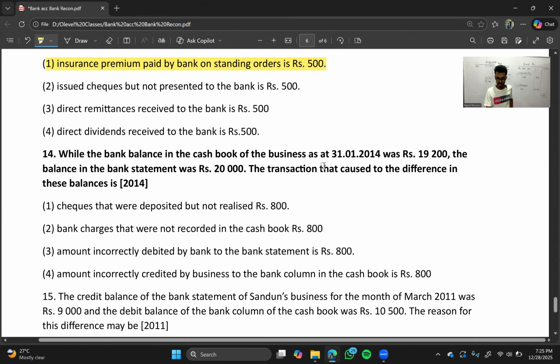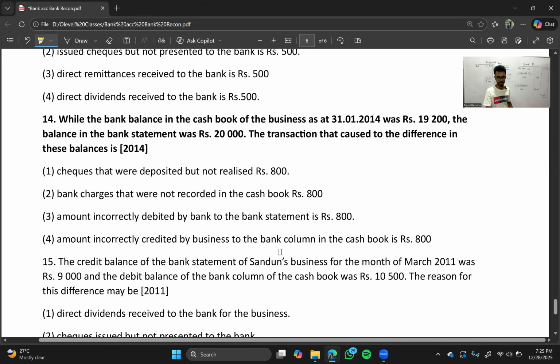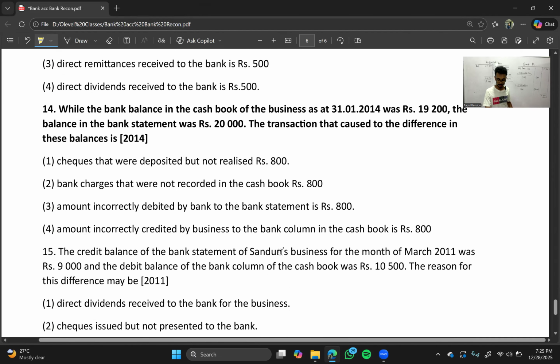While the bank balance in the cash book of the business as of 31st of January was 19,200, the balance of the bank statement is 20,000. The bank account is 19,200 and the bank statement is higher. So what has caused this?